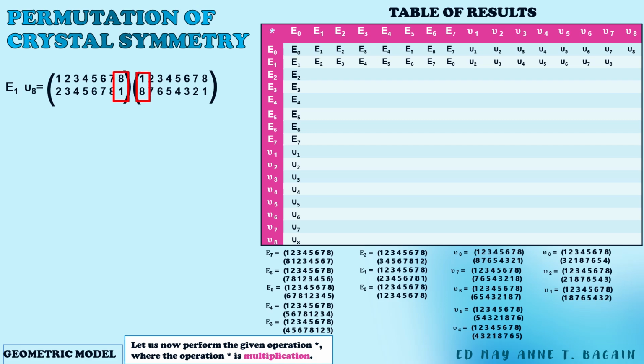And let's check the complete answer. It's 1, 8, 7, 6, 5, 4, 3, and that's it. The answer would be epsilon sub 1. Yep, I am correct. That would be the answer for epsilon sub 1 star epsilon sub 0 to epsilon sub 8.